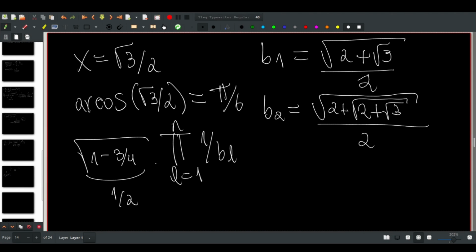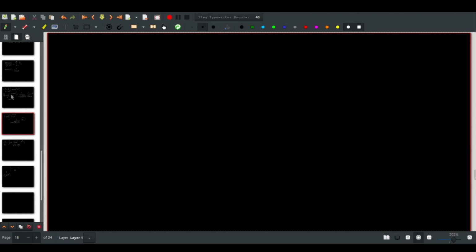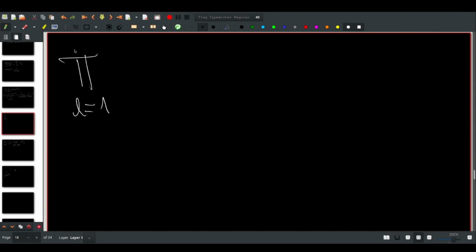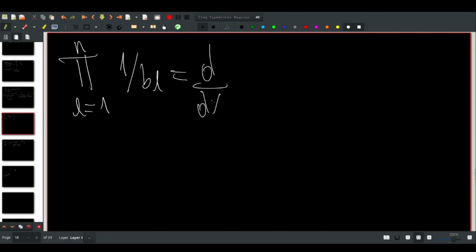So what I can say then is that the right-hand side, this product from L equals 1 to n, I'm just going to take some finite n, of 1 over BL, is actually equal to some derivative, and the derivative is going to be the derivative with respect to x of what?